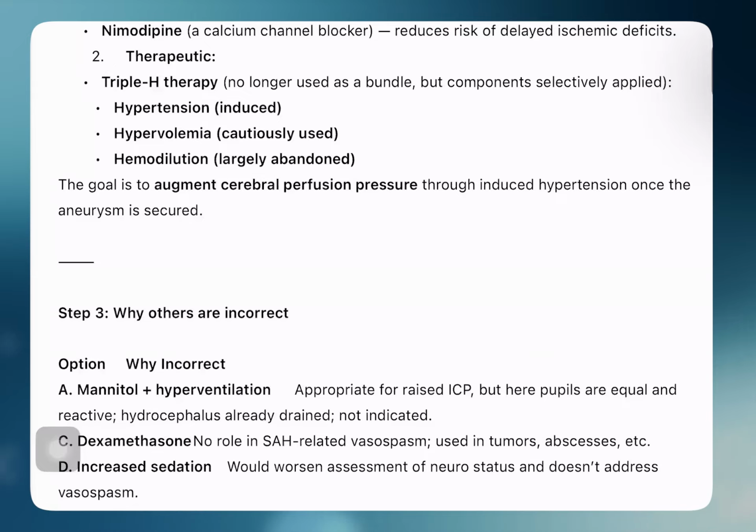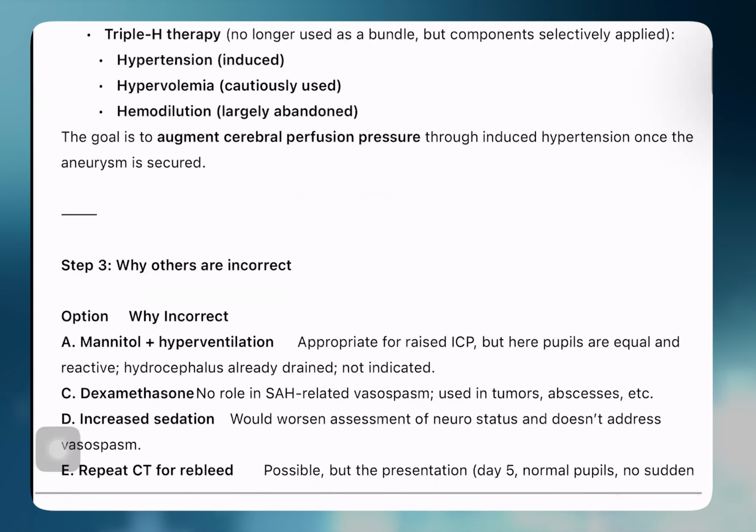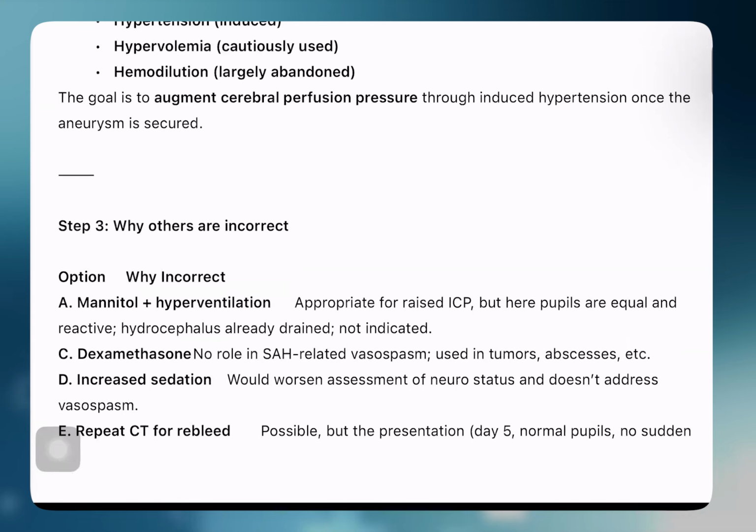Steroids have no role in SAH-induced vasospasm. Mainly it is used in brain tumors, abscesses, where there is a space-occupying lesion leading to edema. Increasing sedation would worsen the assessment of neurological status and does not address vasospasm. So whatever we are going to do with sedation is not indicated as far as a vasospasm is concerned.